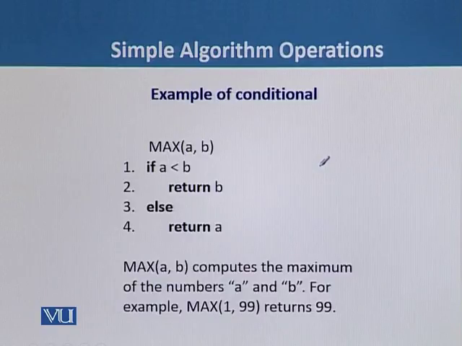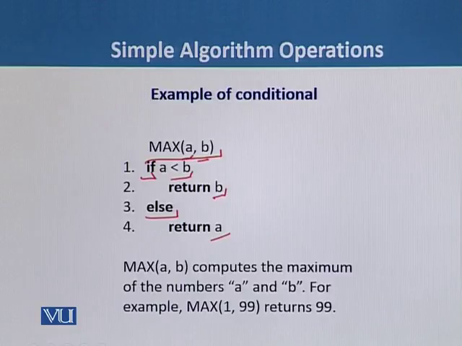Here we can see that we have to calculate the maximum value of variables A and B. Again, this is conditional. If A is less than B, then return B. Else, meaning otherwise, return A. It's very simple.